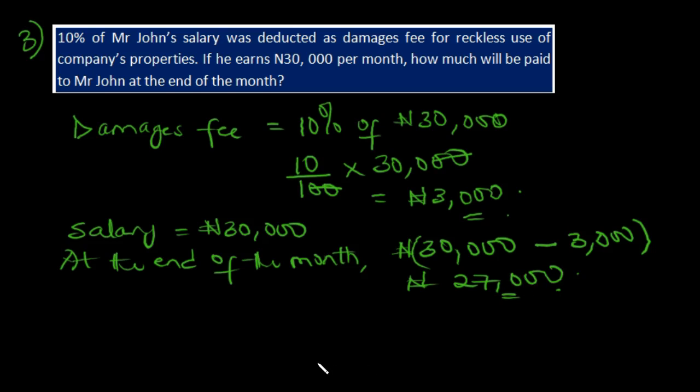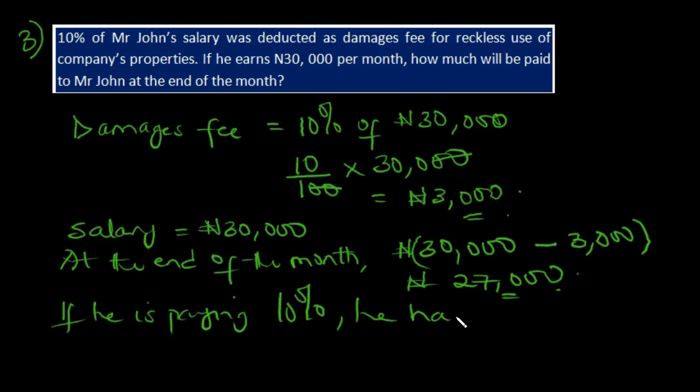Now, another way you can do that is, since we know that 10% of his salary has been charged as damages fee, that means if he's paying 10%, he has 90% as take home.